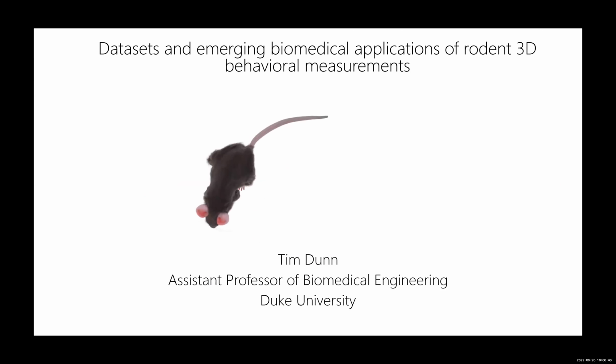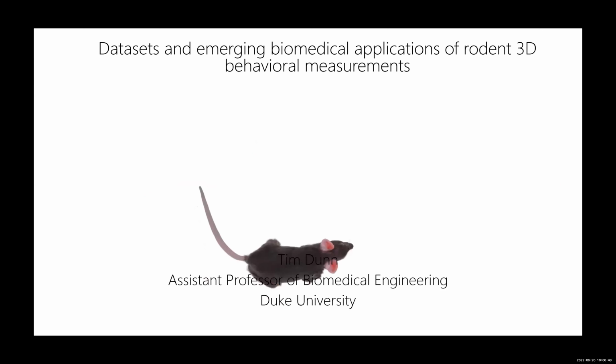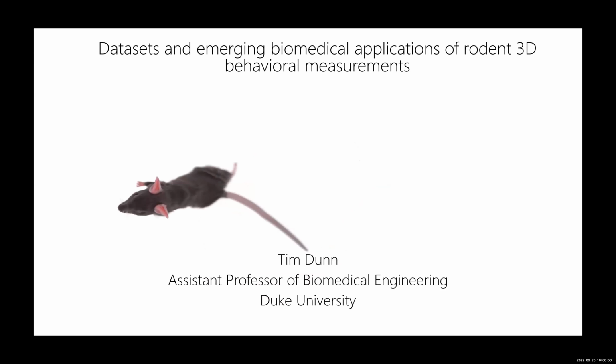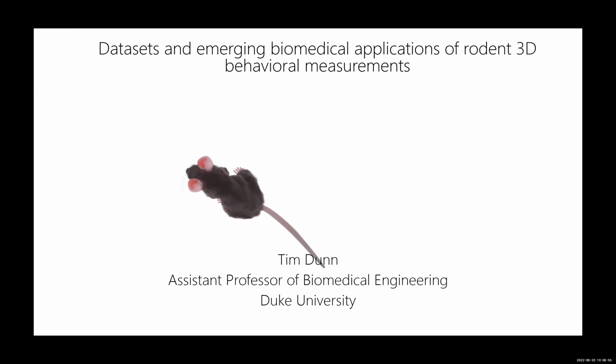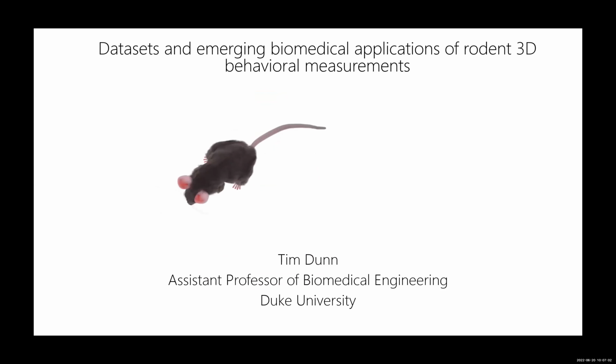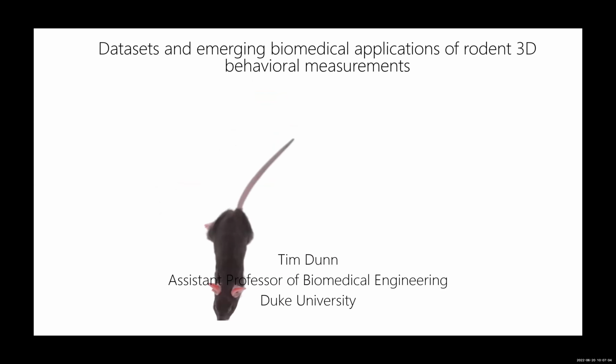Particularly, I found his work so exciting because it is inspirational to computer vision, as he has shown 3D mouse tracking using a multi-camera system. As a computer vision researcher, I'm so excited to hear from him, and also to see what he has done so far. Okay, great.